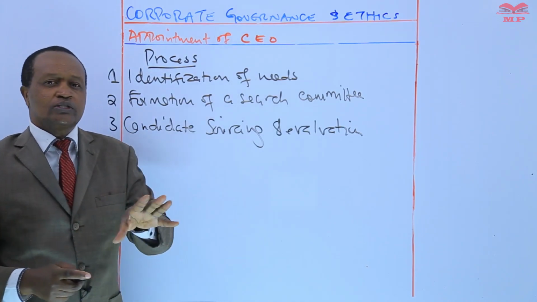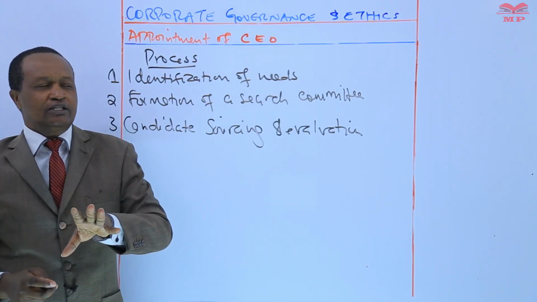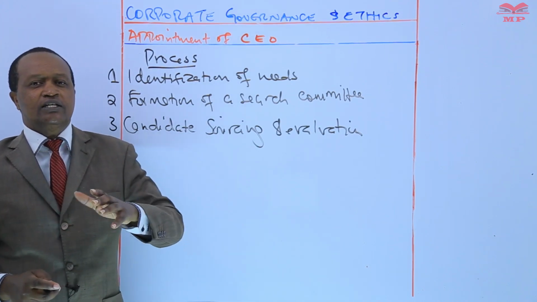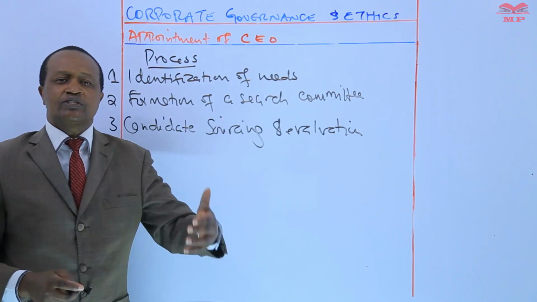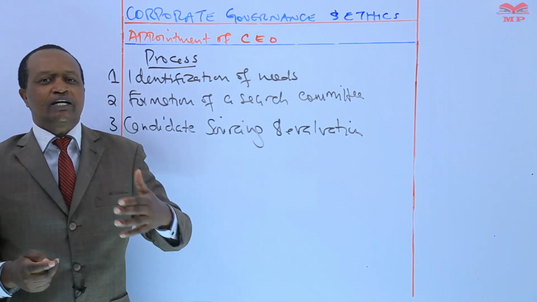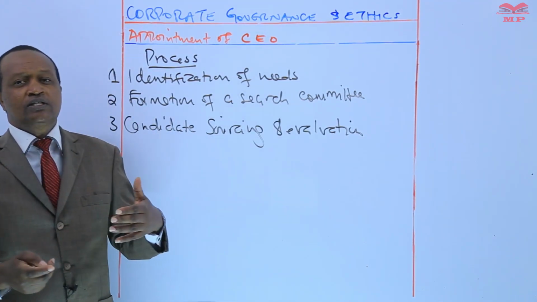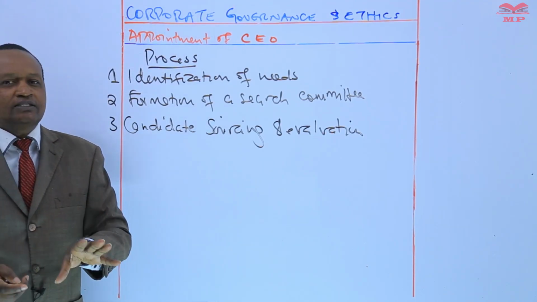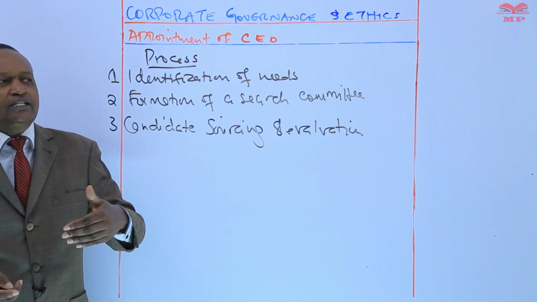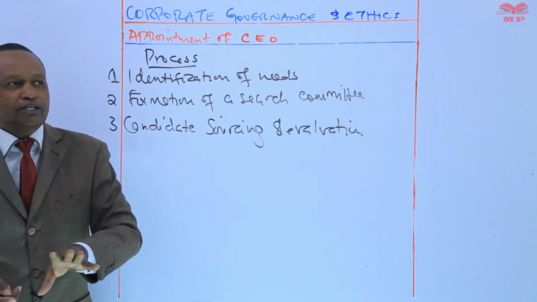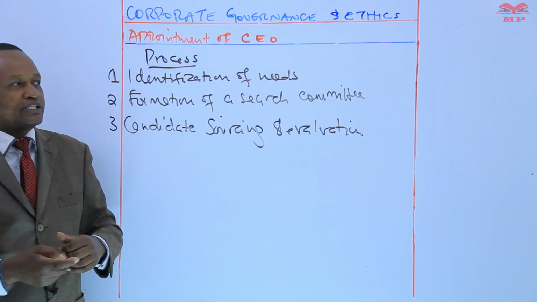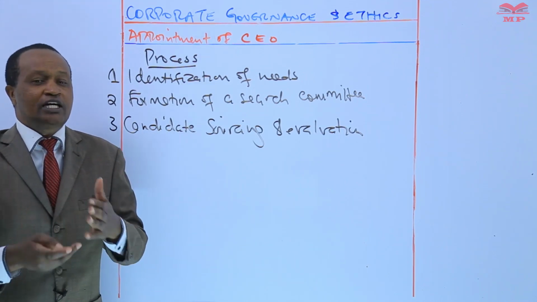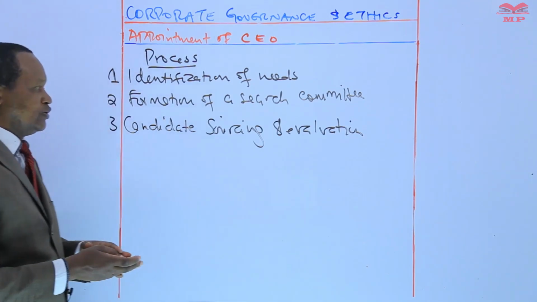The committee can review resumes from different candidates. The committee then conducts interviews and performs background checks of these individuals. And a thorough evaluation process is then done to assess the candidates' leadership abilities, strategic vision, industry experience, the cultural fit, and so on.